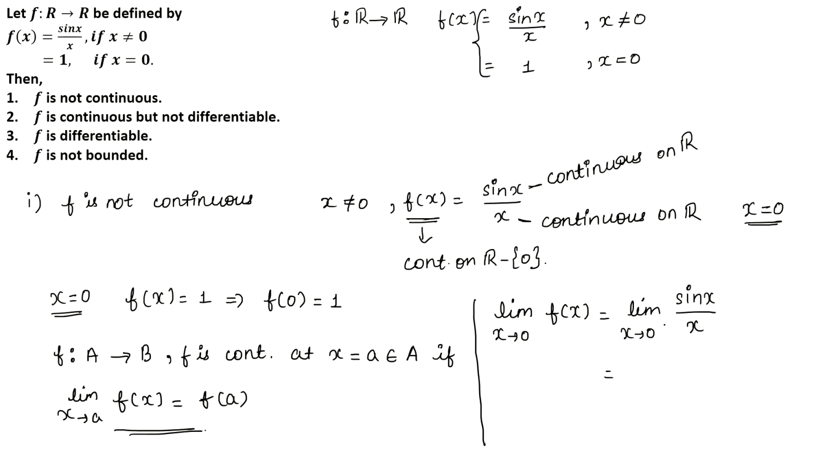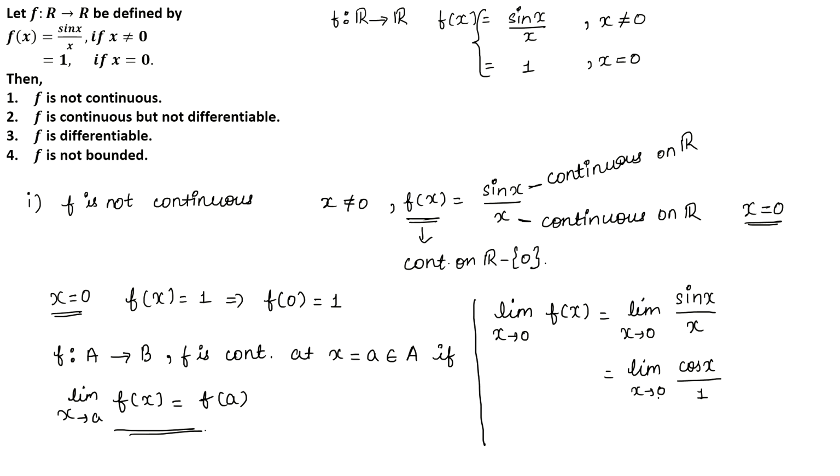If you put 0 instead of x, it will be sin 0 by 0, that is 0 by 0 form, and hence we have to apply L'Hopital's rule. By L'Hopital's rule it is equal to limit x tends to 0, the differentiation of sin x is cos x and of x is 1.